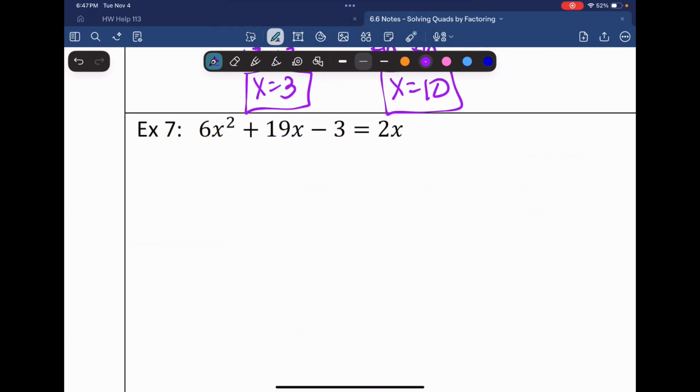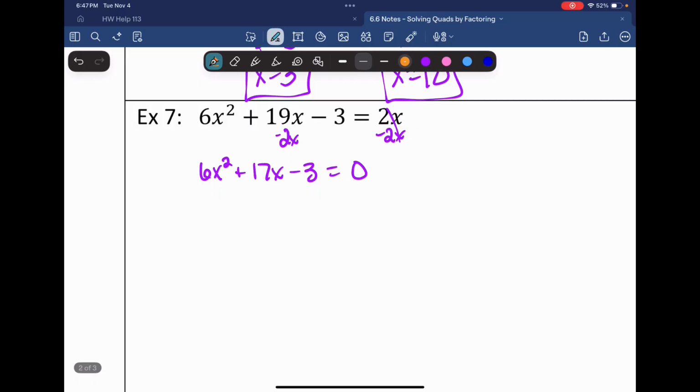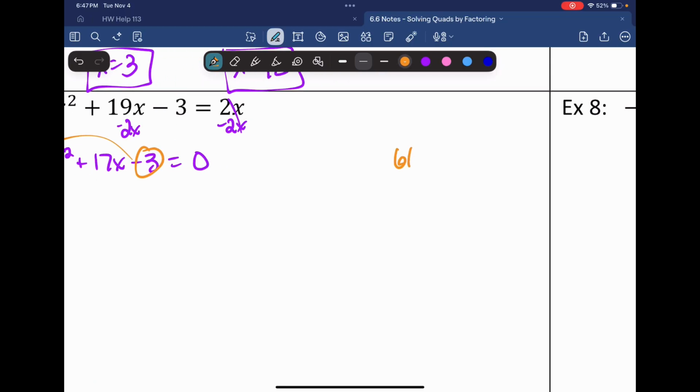All right, subtract 2x. You want it to equal 0. No GCF, 6, 17, and negative 3 don't have any GCFs. Leading coefficient 6, constant negative 3. Factor pairs.